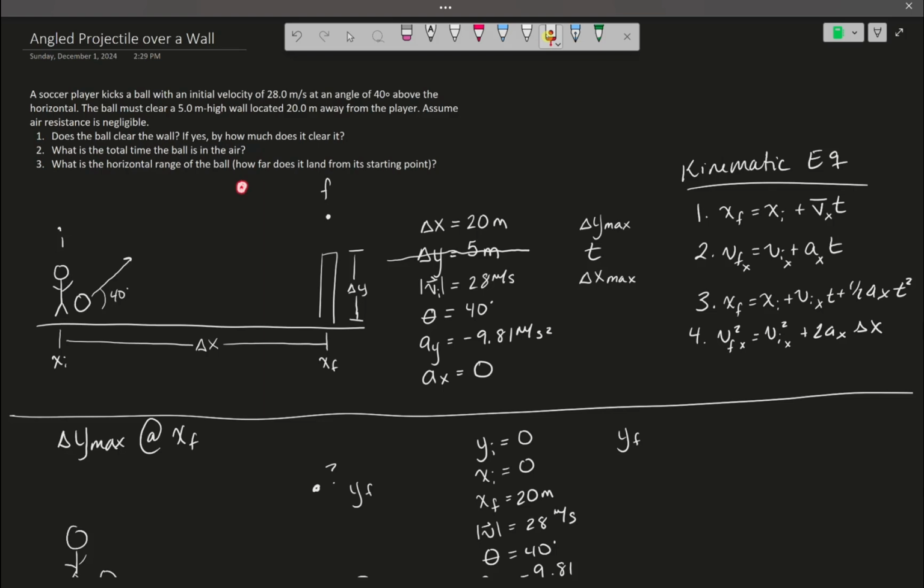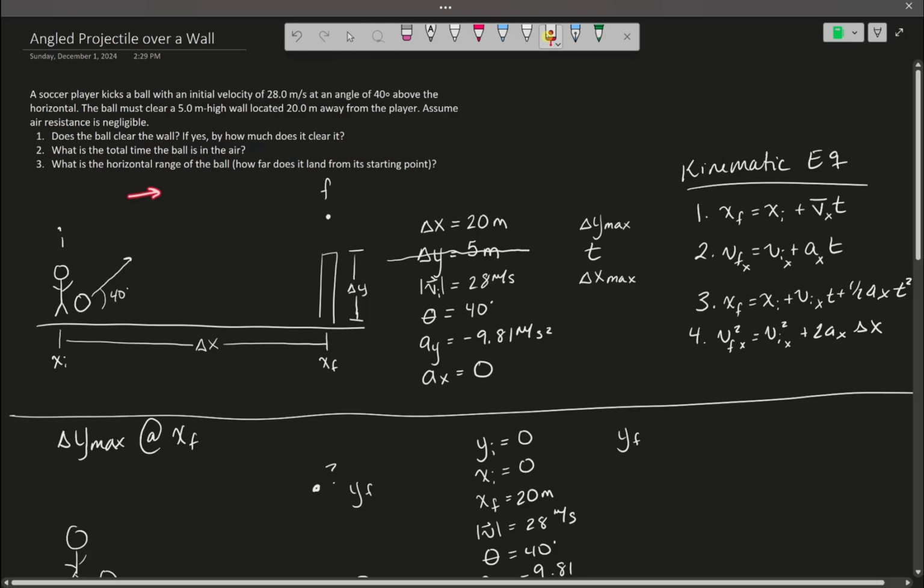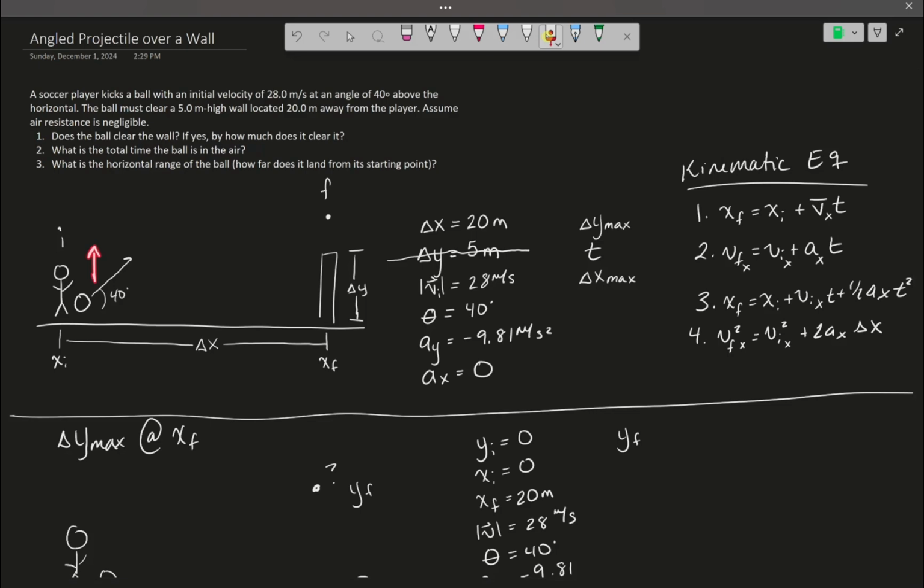I can do that if I only consider the y direction, because in the x direction the velocity isn't changing at all. But in the y direction, you have an initial velocity vector. Whenever it hits its max height, it has 0 velocity in the y direction, because then it starts to come back down and the velocity vector grows. So at its maximum height, our velocity in the y direction would be 0. It would still have velocity in the x direction, right? It's still moving, but it would have no velocity in the y direction.